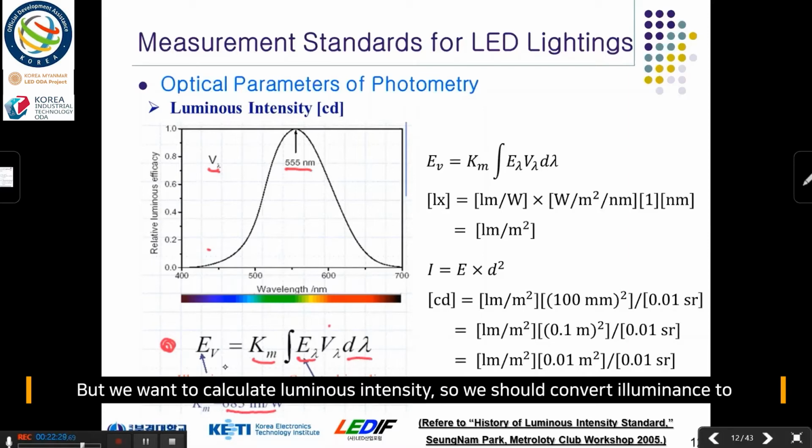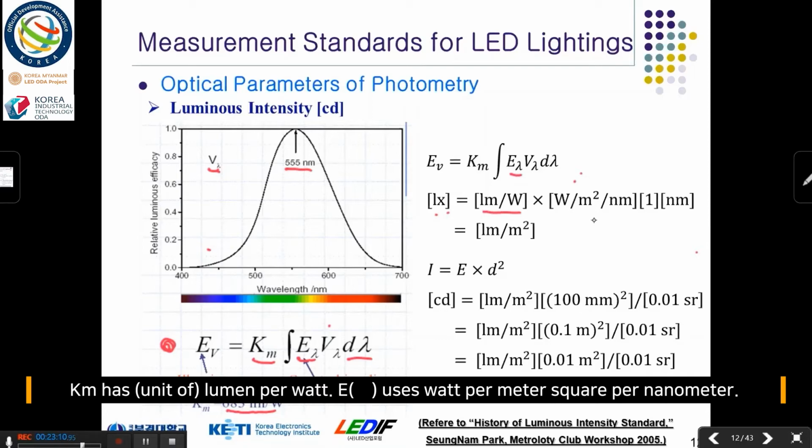But we want to calculate luminous intensity. So we should convert illuminance to luminous intensity. The conversion process is verified by the formulas. This is the previous formula. We calculate illuminance, that is lux. Km has lumen per watt.